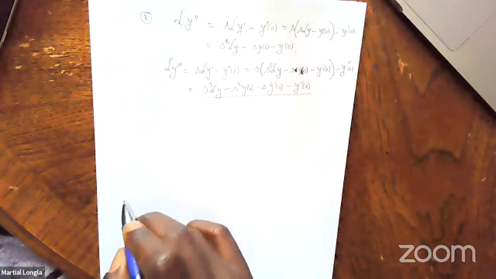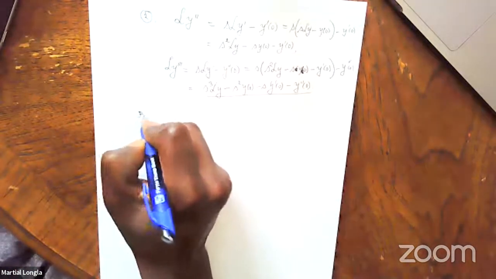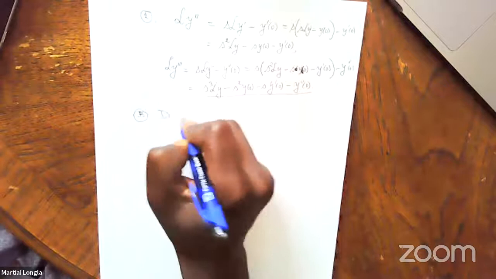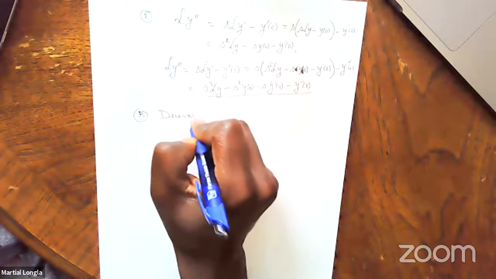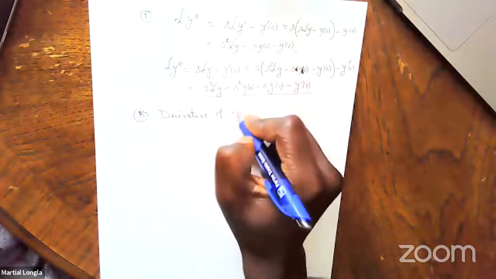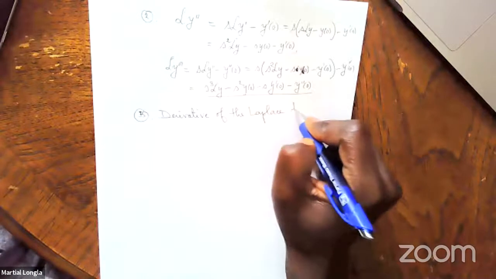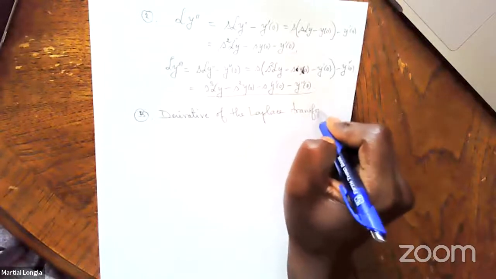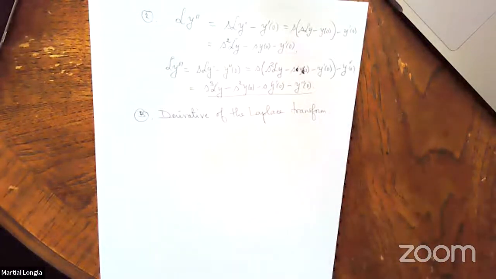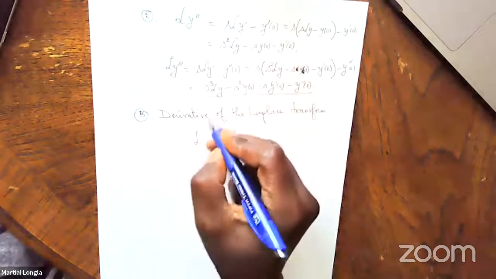The other thing is the derivative of the Laplace transform. That's the second part of this. And here I always give the simple form, which you can also obtain by doing integration by parts.